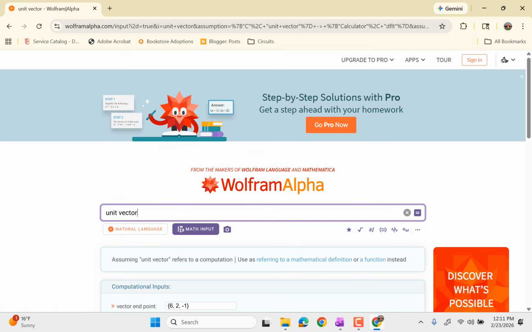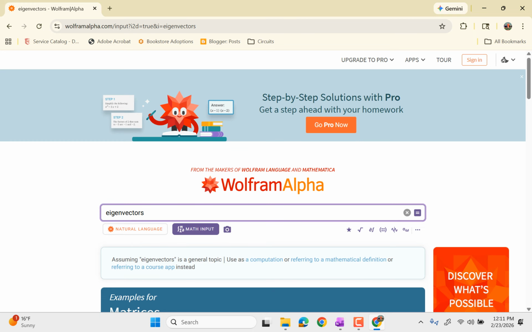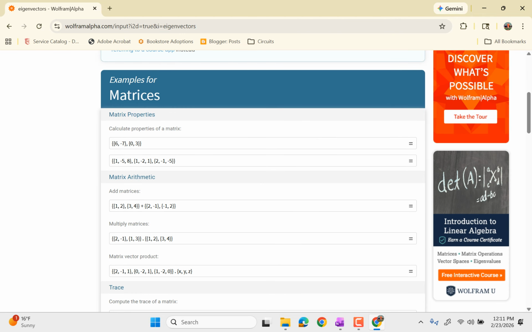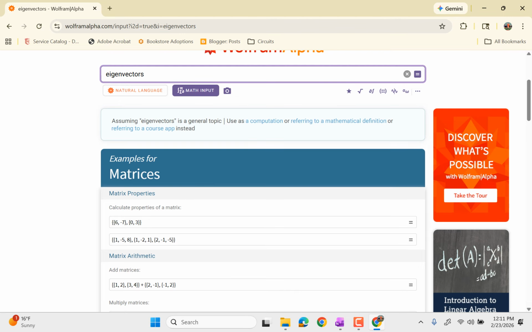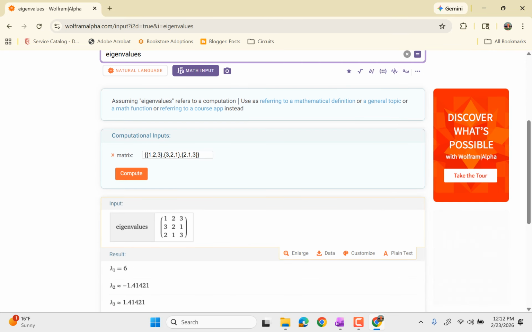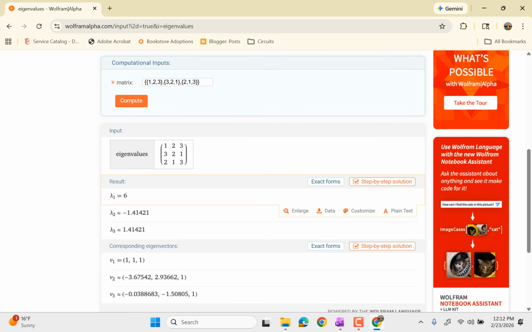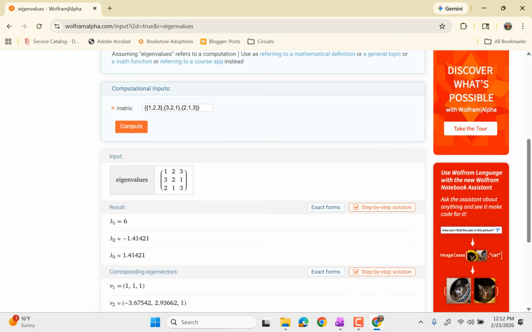If you go to eigenvectors, if this is our stress tensor, let's make sure that we need one that's symmetric.